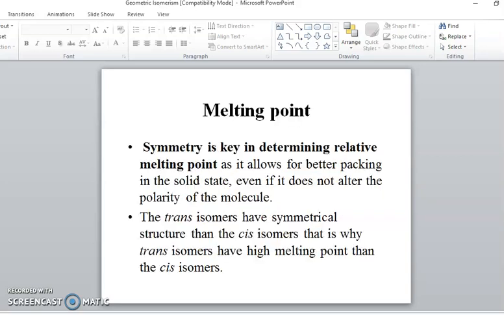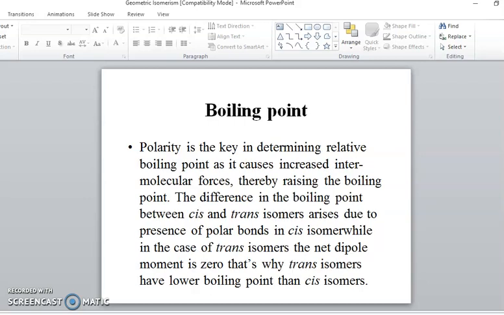Now we'll discuss the boiling point. Whenever we discuss the boiling point, remember it is related to the intermolecular force. Whenever the intermolecular force increases, definitely the boiling point also increases. As the dipole moment increases, the polarity increases, and intermolecular forces also increase.